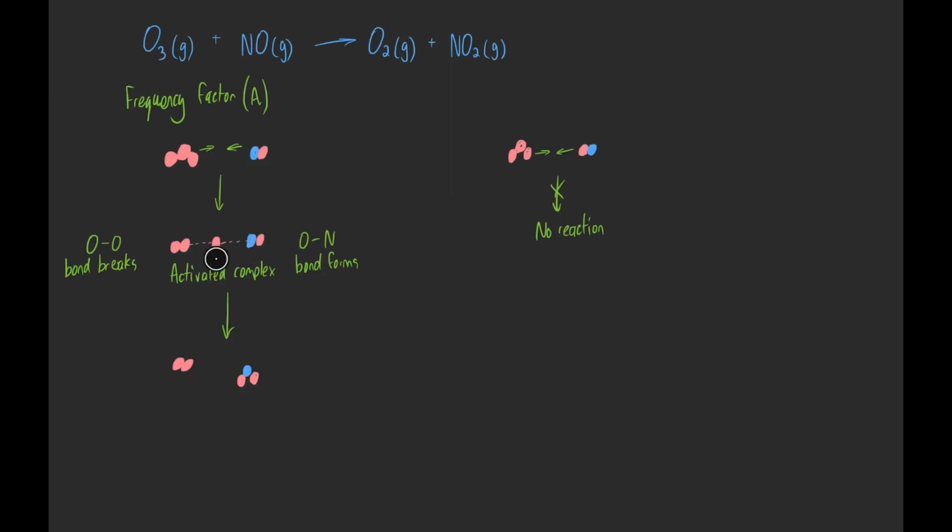So this activated complex is really a transition state of the reaction. A transition state is a complex or a form that the atoms will arrange themselves in, which is somewhere between the reactants and the products.